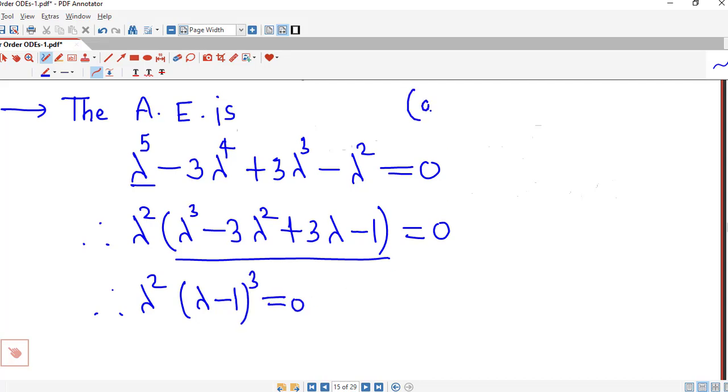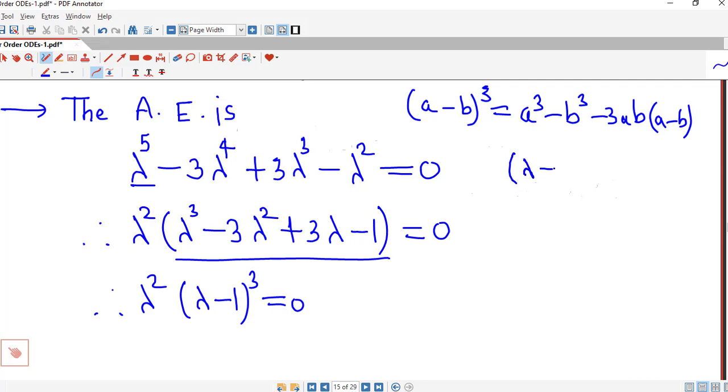If you use this formula with a equal to lambda and b equal to 1, you will have minus 3ab times a minus b. So if we use this formula with a equal to lambda, b equal to 1, we will have lambda cube minus 1 minus 3 lambda times lambda minus 1.